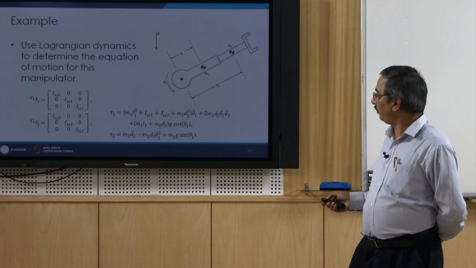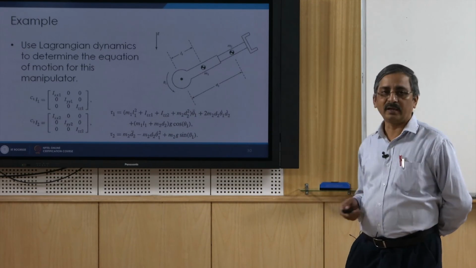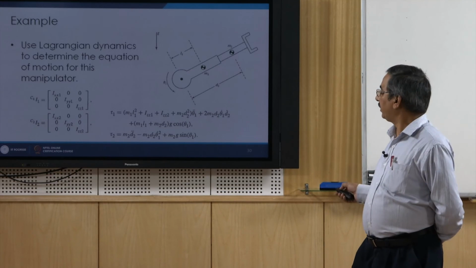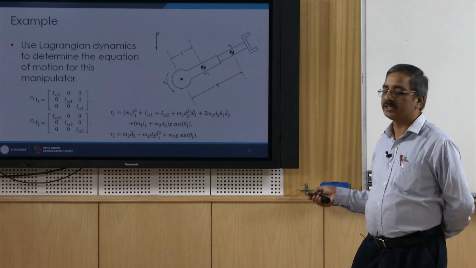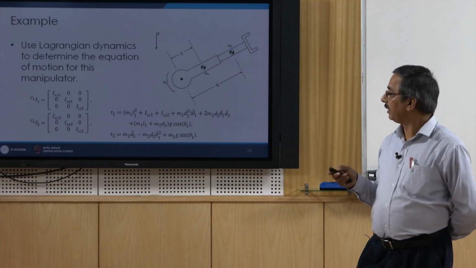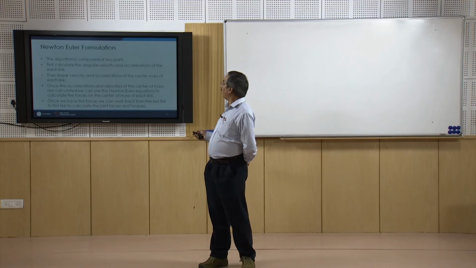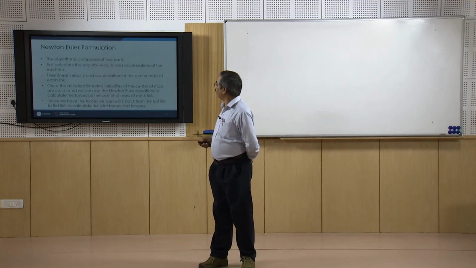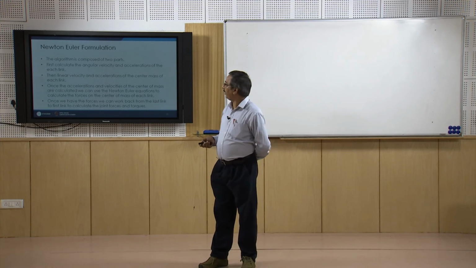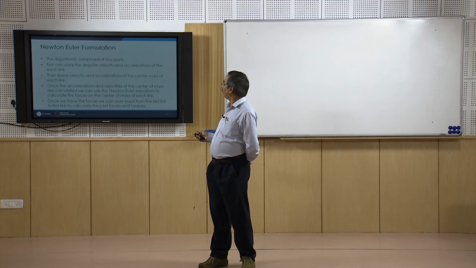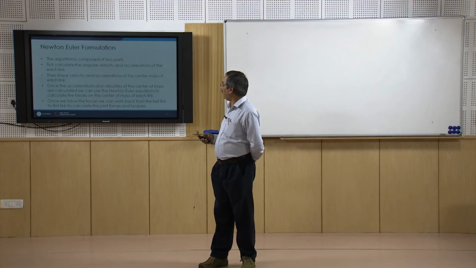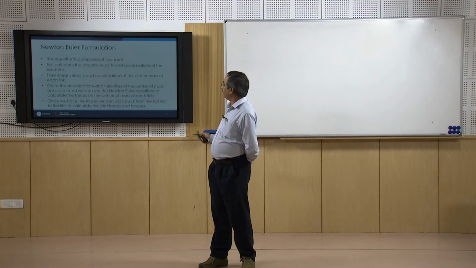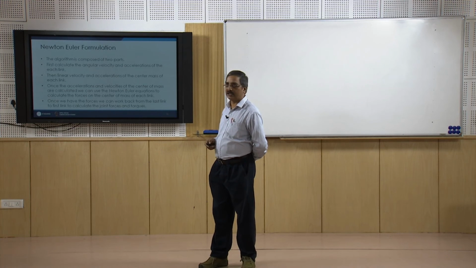I am not explaining it because of lack of time here, but this is the dynamic equation or system equations which you are going to get. I have already talked about the Newton-Euler formulation, and I have told you that the algorithm is composed of two parts. First we calculate the angular velocity and acceleration of each link, then we calculate the linear velocity and acceleration of the center of mass of each link.